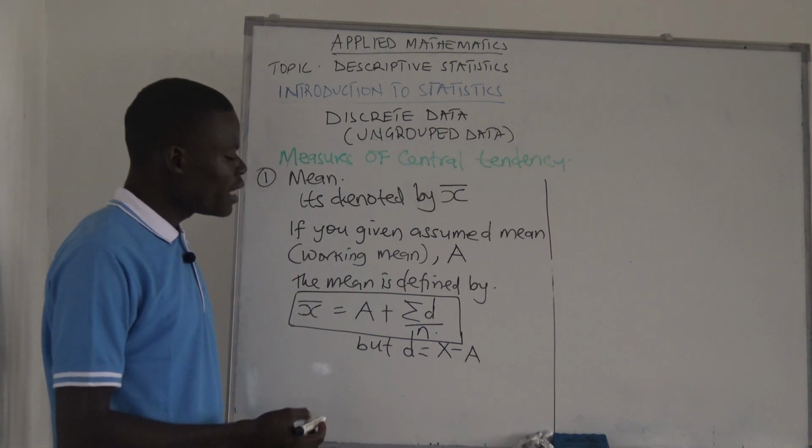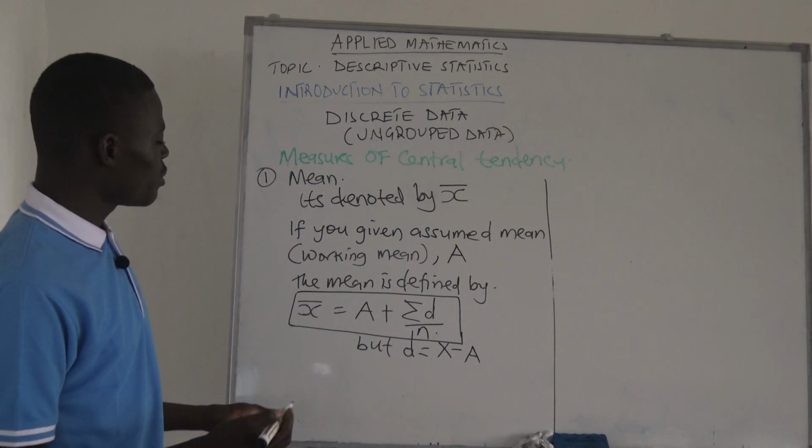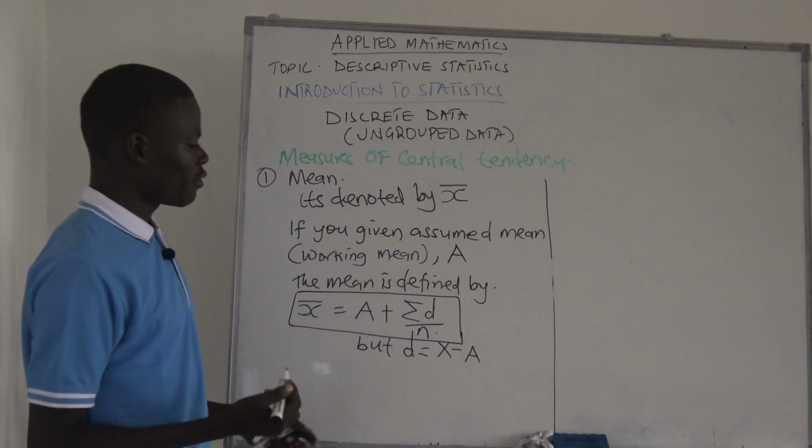If you have assumed mean as 5, and then our x is, okay, let us assume that our assumed mean is 5.